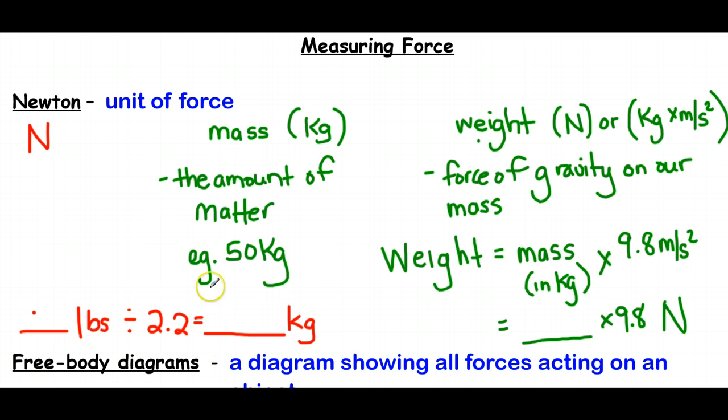So for some of the questions when they ask you to approximate your weight, you don't have to use your own weight. Just pick a weight that represents an average person, divide it by 2.2, you get your weight in kilograms, and then you can put it into this formula to figure out that force. So anytime they use the word weight or force of gravity, that's what we're talking about.